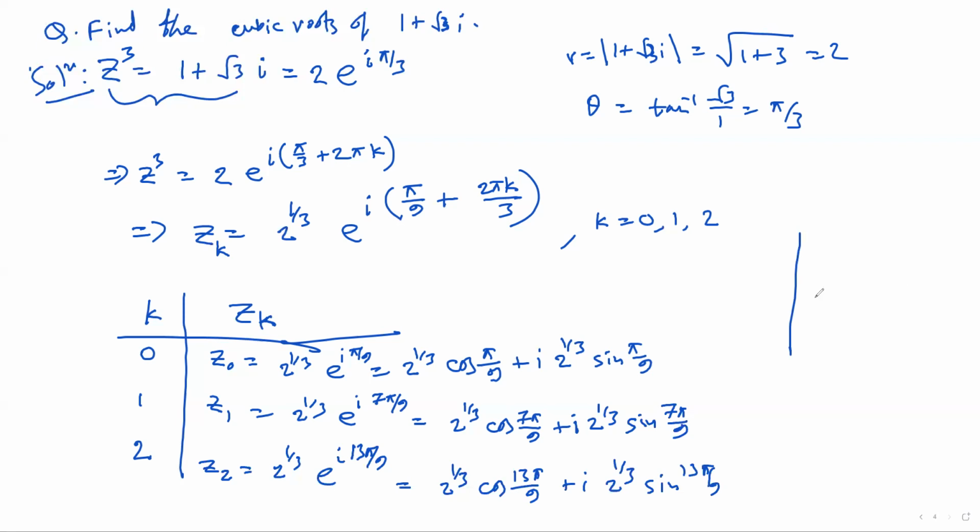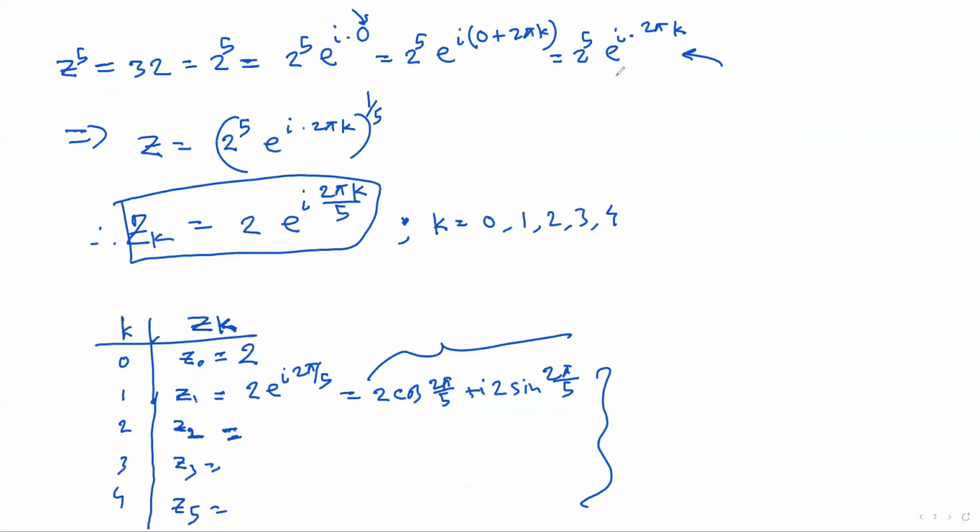Now, here is an interesting thing. You should be able to see that on the argument side, we are actually dividing an interval of 2 pi into, for this particular problem, for example, we divided the 2 pi interval into 5 equal parts. So technically, if you plot the zk's, that is all the complex roots in the complex plane, we are going to see an interesting pattern. For example, for k equals to 0, the root is z0, which is 2.